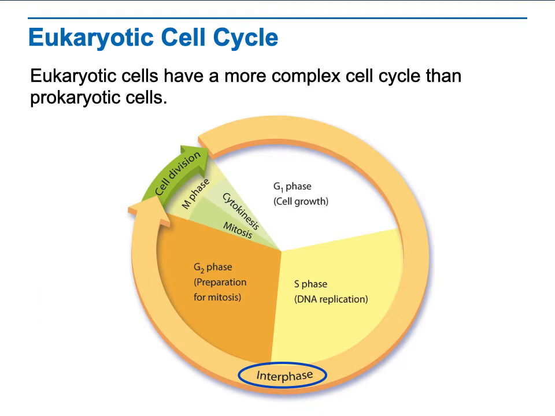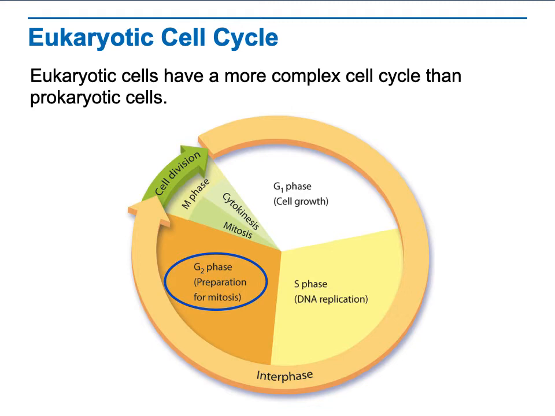Cells do most of their growing during G1 phase. It begins when mitosis is complete and ends when DNA replication begins. In S phase, DNA is synthesized as chromosomes are replicated. In G2 phase, many of the molecules and cell structures required for cell division are produced. Usually this is the shortest phase of interphase.